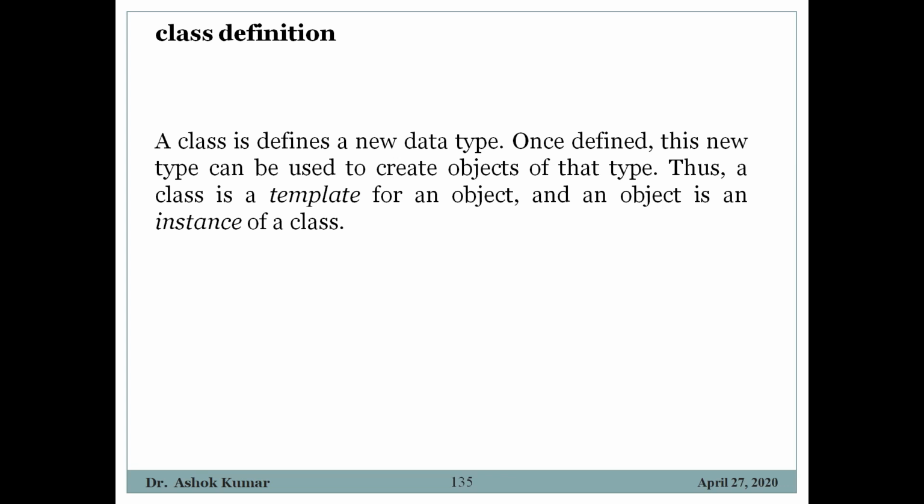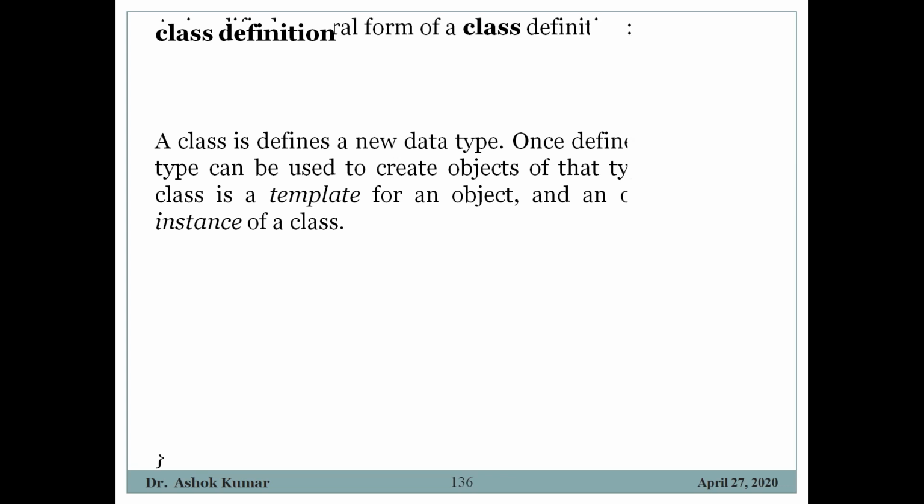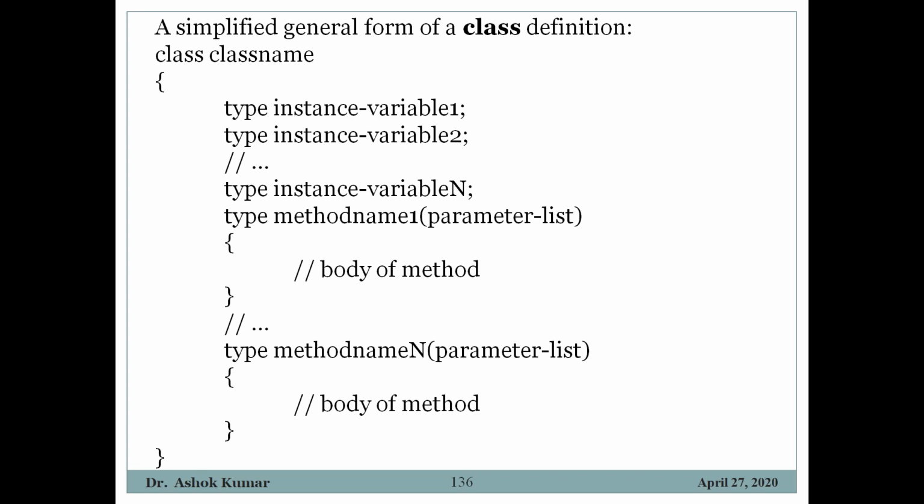So how can we create classes in Java? This we are going to discuss through this slide. If you want to define a class in Java, first you have to write the keyword class and then the name of the class. Again, the name of the class should follow the identifier rules.